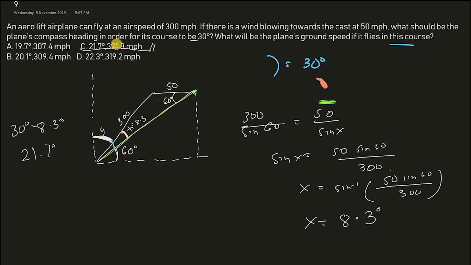Pero, we need to prove na 321.8 yung ground speed dito. So, to solve that, we can use law of sines again. Since alam na natin yung dalawang angle, masosolve na natin to. Ang sagot niyan, that's 8.3 plus 60 minus 180, that's 111.7.